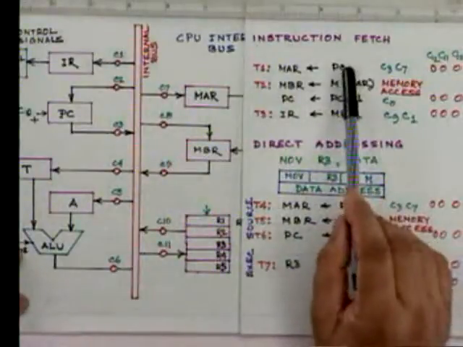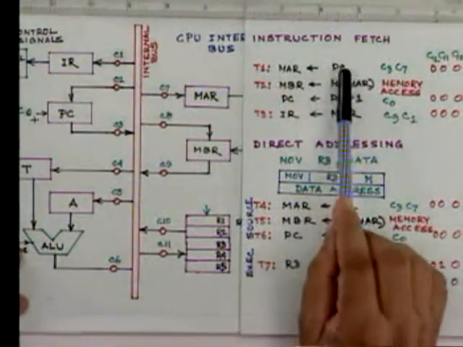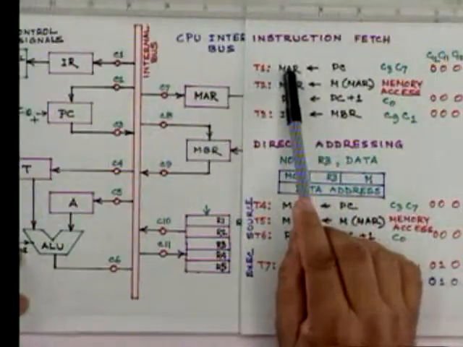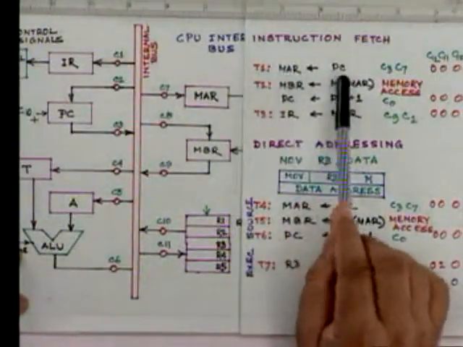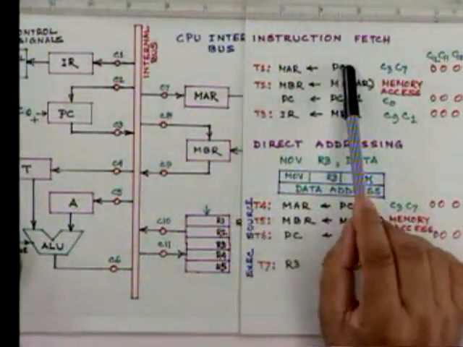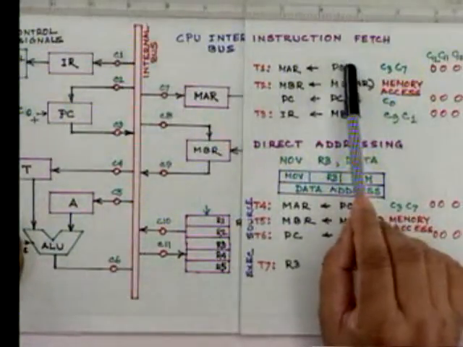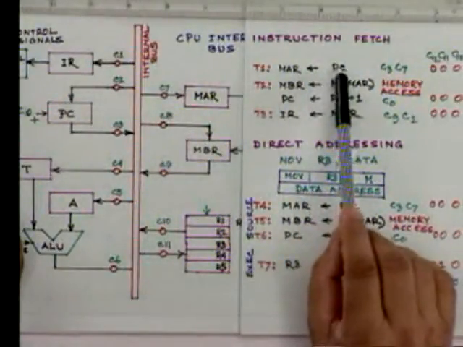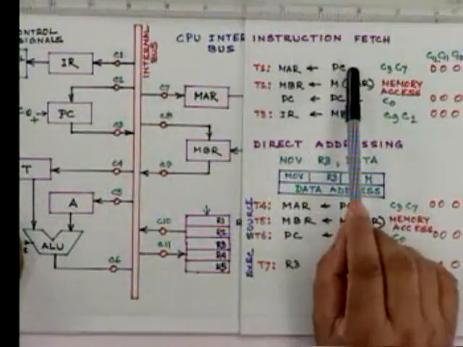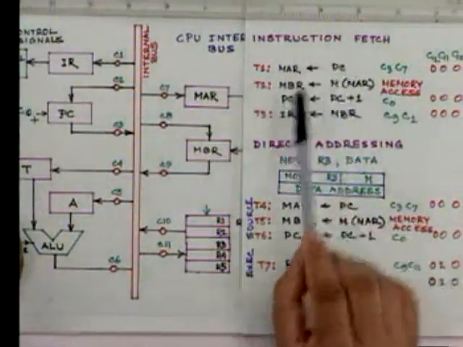The first thing one has to do is that the content of the program counter should come to the memory address register, because the program counter is pointing to the instruction that will be executed next, and that instruction has to be fetched, that is, read.